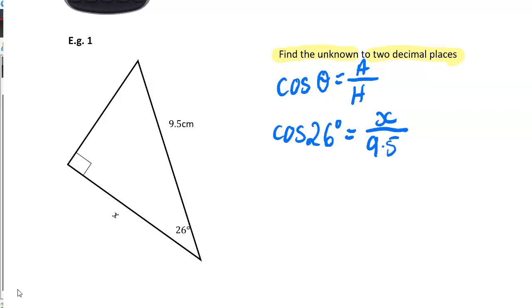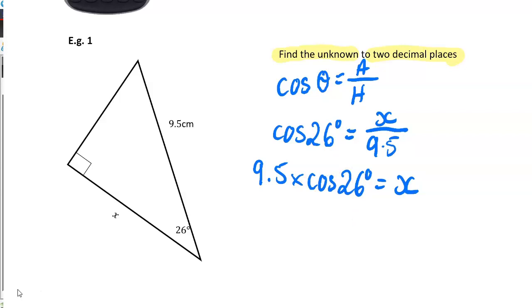So I'm going to times both sides by 9.5. So 9.5 times cos 26 degrees equals x. Now notice I don't work out cos 26 degrees until the very end, because that will mean you'll have to do quite a lot of rounding, so let's not do the rounding until the very end.